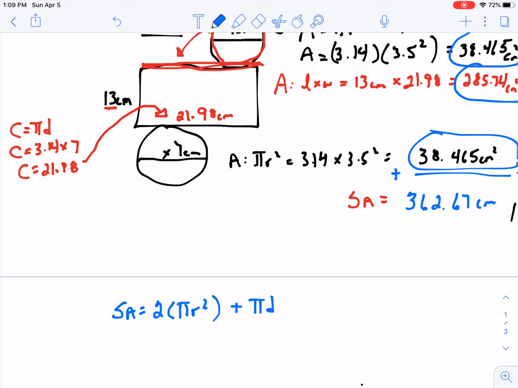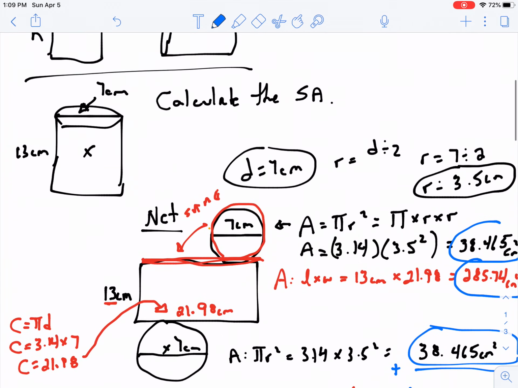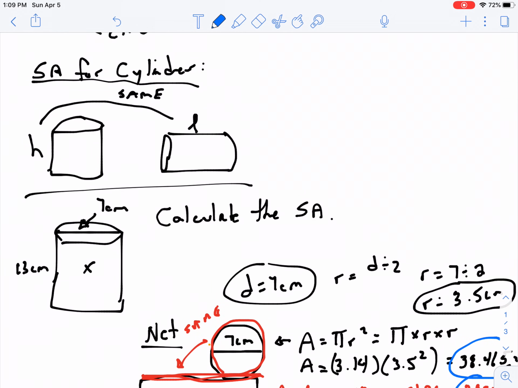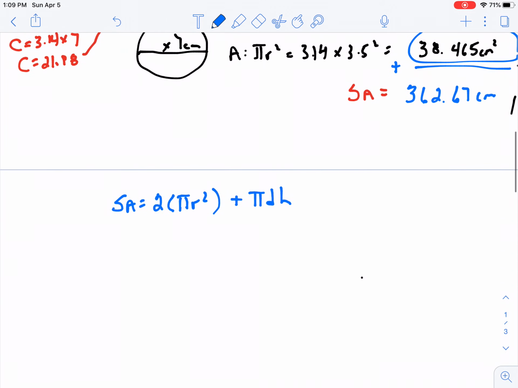Now, don't forget that the 13, which I called height, could have been called a length. As we said at the very beginning, that height could also be a length if I turn my cylinder sideways. So this is my height and this is my length, and they're basically the same thing. So this formula, this height could also be a length.